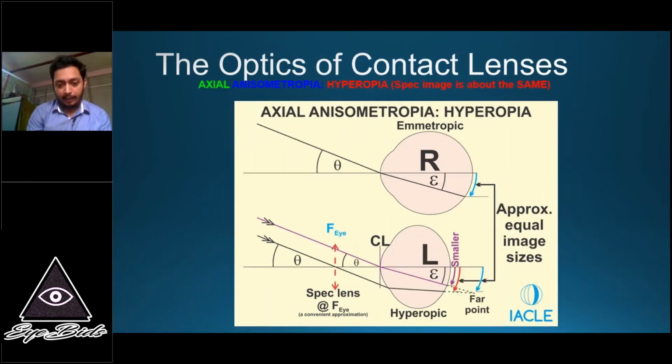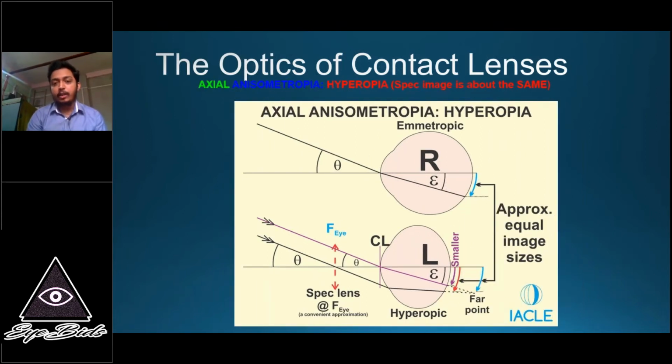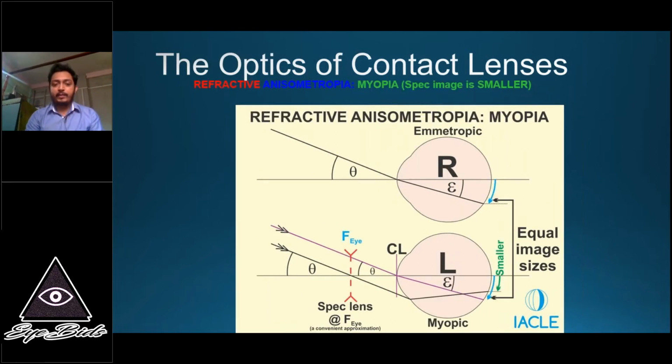So we can conclude. Again, if you see the images, the first one is for hyperopia when you are using the spectacle. In refractive hyperopia, the image in spectacle is a little bit larger, while in axial hyperopia, the image in spectacle is almost the same as with emmetropia. But in case of refractive, it is different.